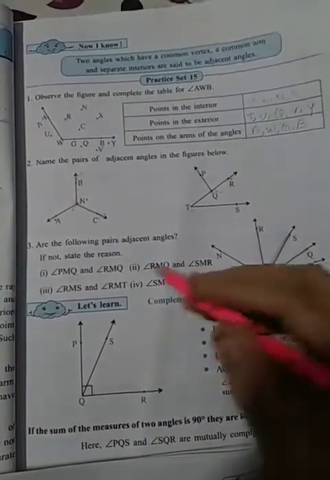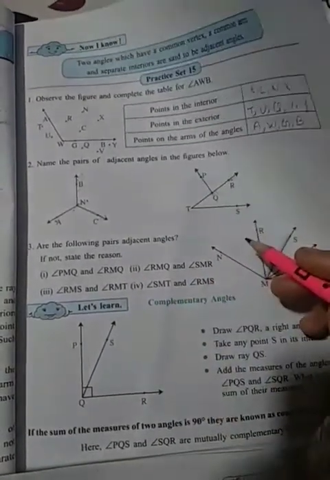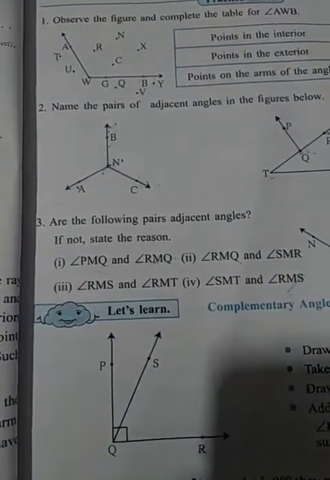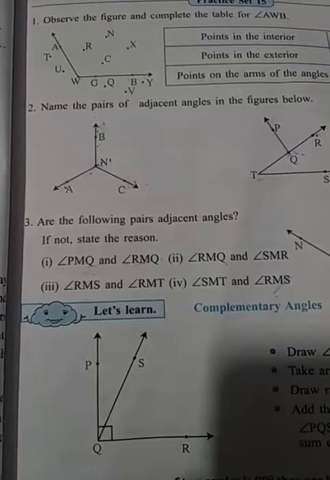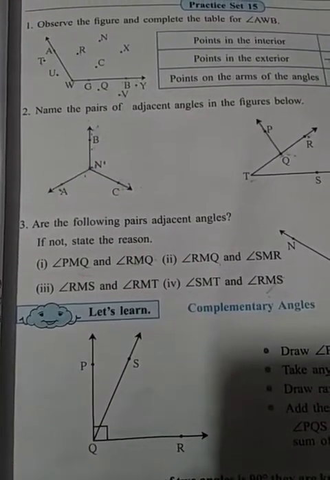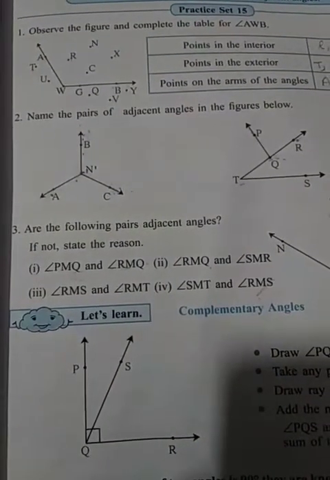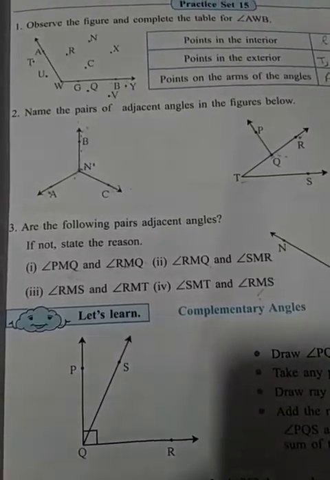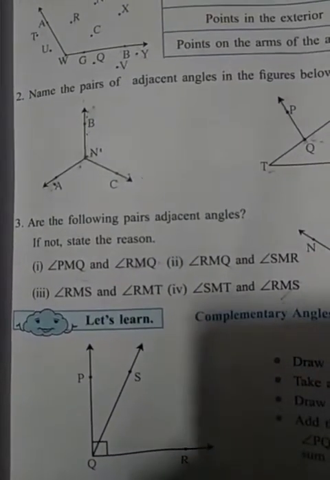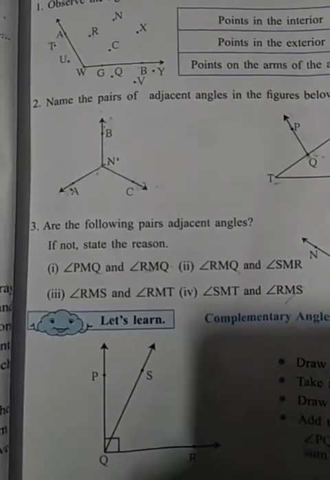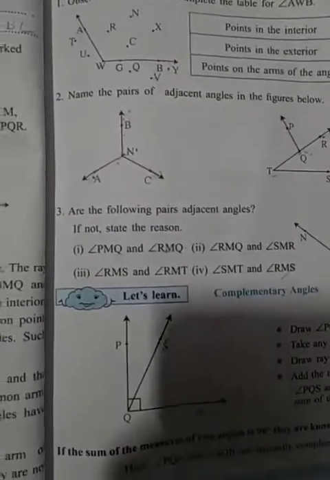Pair of adjacent angles. First one and fourth one. So what reason will you give? First one is a pair of adjacent angles. Second and third are not pairs of adjacent angles because the interiors are not separate. And the fourth one is what? The pair is adjacent. Have you understood?